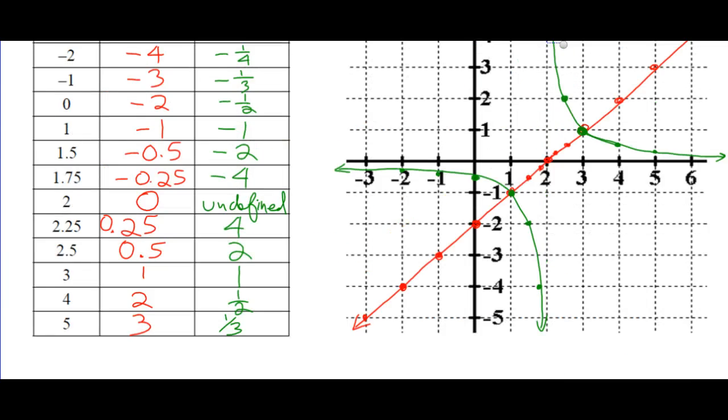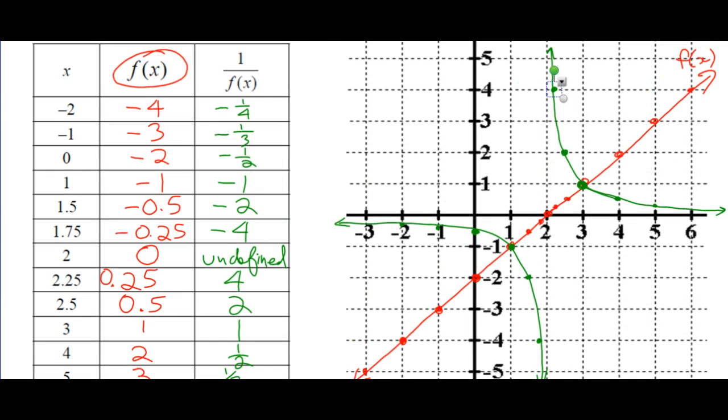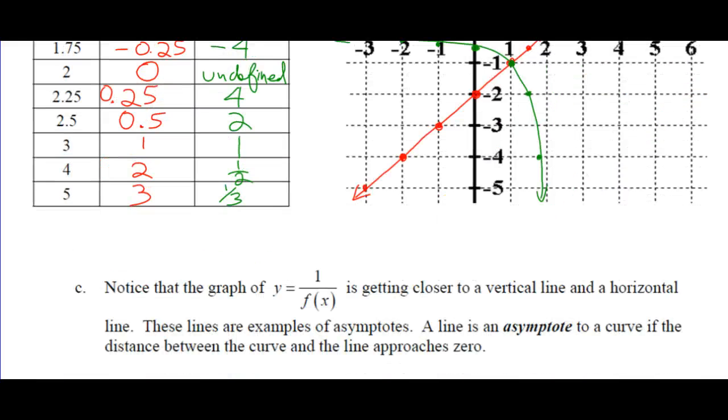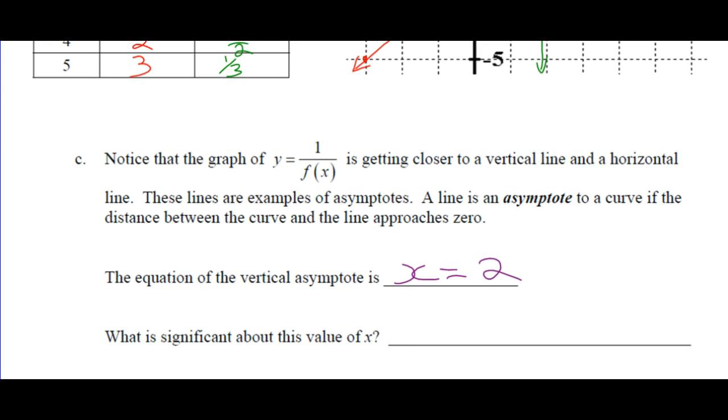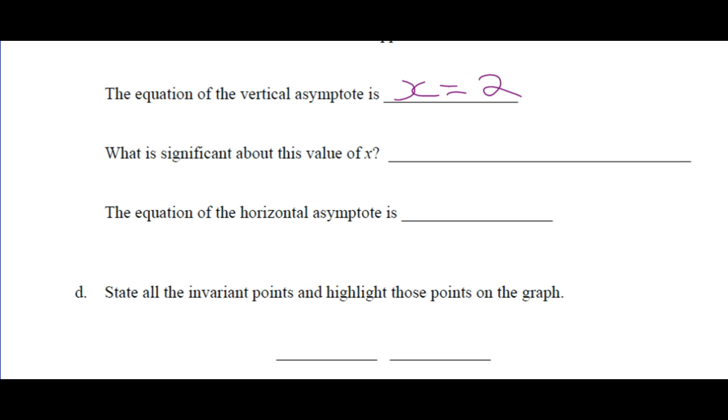So the equation of the vertical asymptote is x is equal to 2, right? Yeah, vertical line has the equation of the form x equals, right? What is significant about this value of x? What can we say? The reciprocal function is undefined.